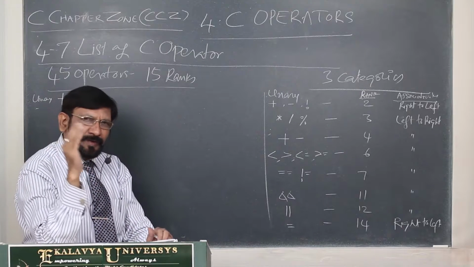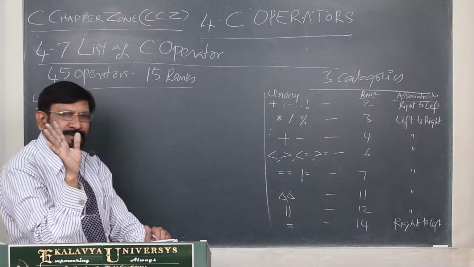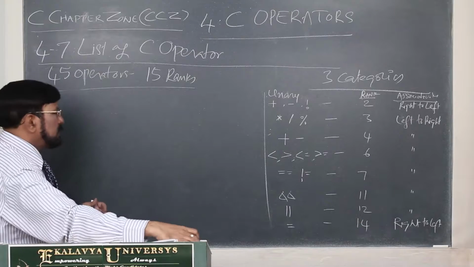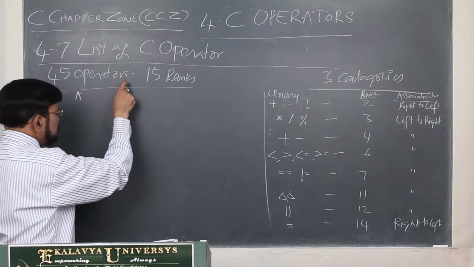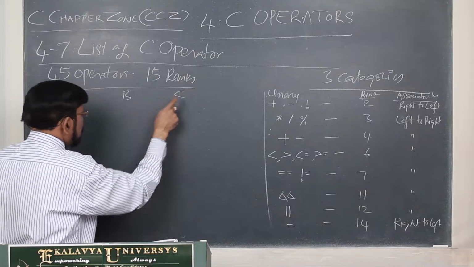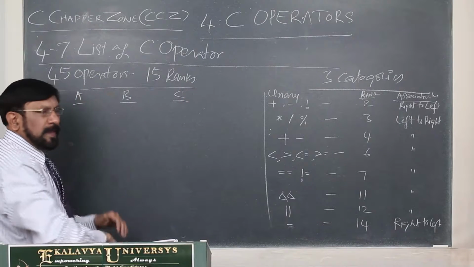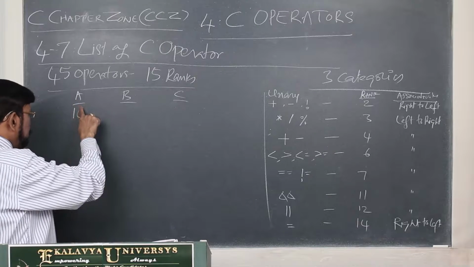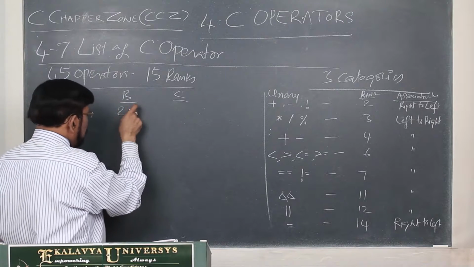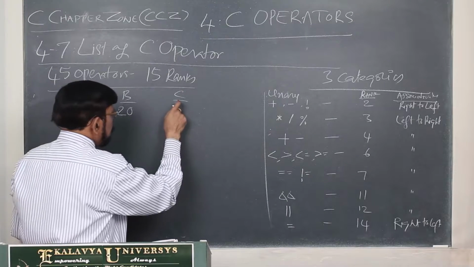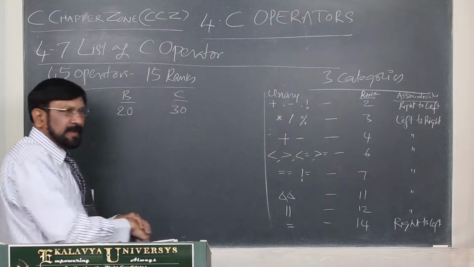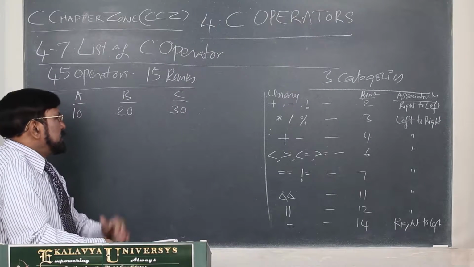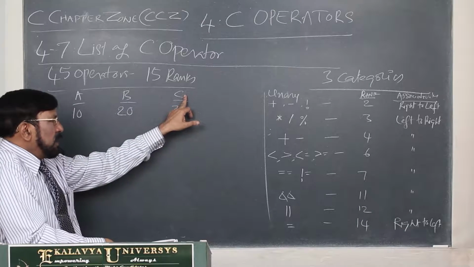Now, which one do you evaluate first? Suppose one person has properties in three cities: A city, B city and C city. He has 10 lakhs of property in A city, 20 lakhs in B city, and 30 lakhs in C city.